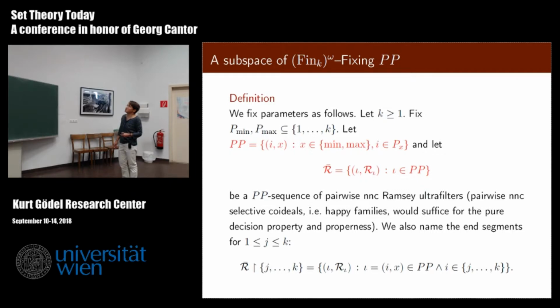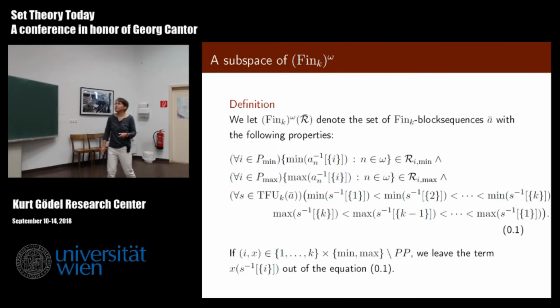So this is the space now here. I have fixed parameters, and sometimes I want to fix only an end segment of the parameters, and for technical reasons I fix the end segment here, not the initial segment. So if I restrict, the restriction is on the I part, and the X part is not affected, the minima and the maxima.